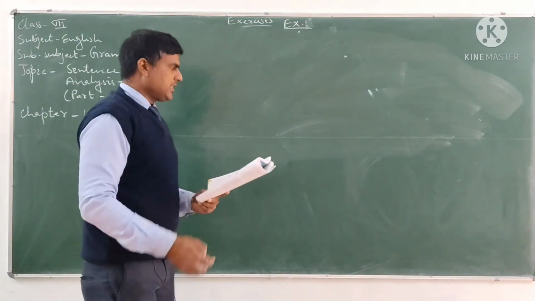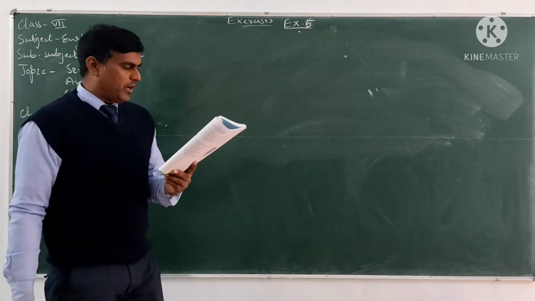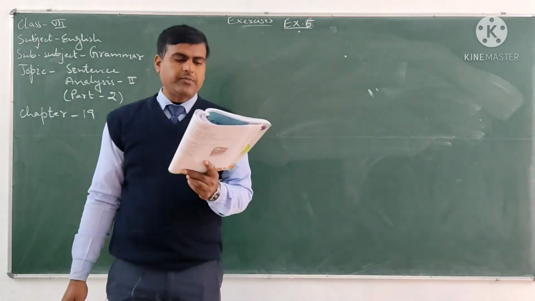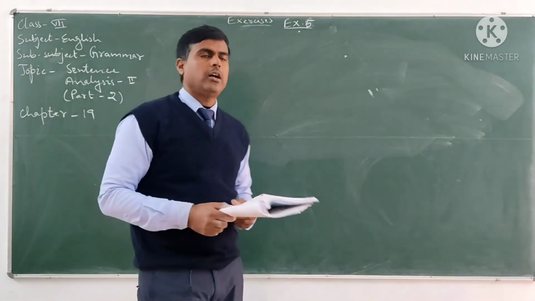Now let us see exercise number 5. Exercise number 5 is underline the enlargements of the object in the following sentences. We have to underline the enlargements of the object.